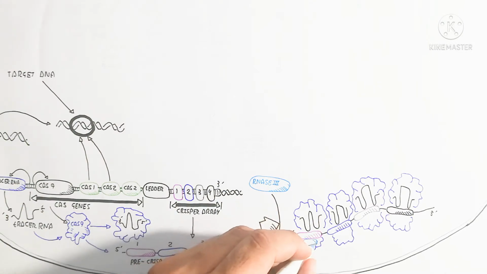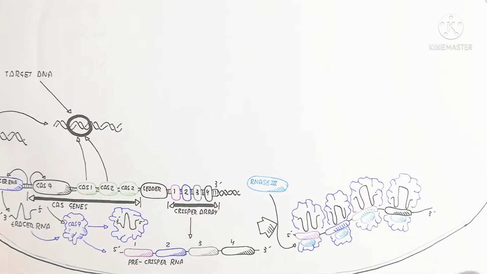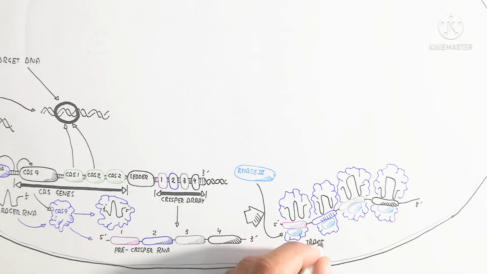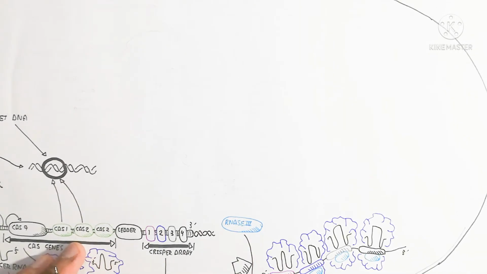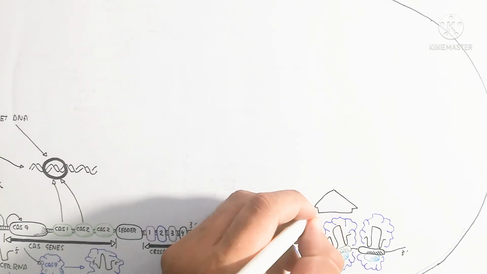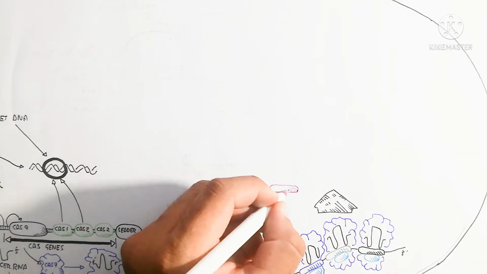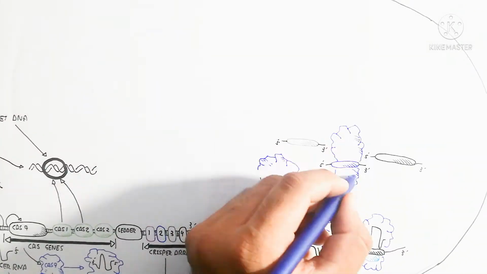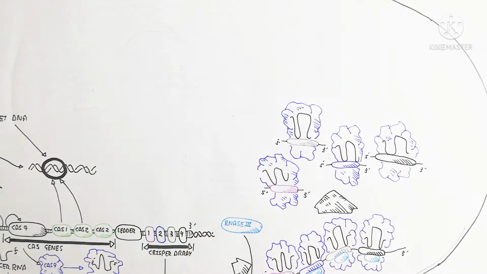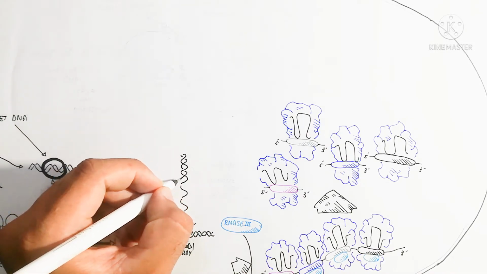This pre-CRISPR RNA will bind with the Cas9 containing tracrRNA. The Cas9-containing tracrRNA will bind one by one, as well as RNase 3 enzyme binding at a different region, so that the tracrRNA-Cas9 binds the pre-CRISPR RNA.